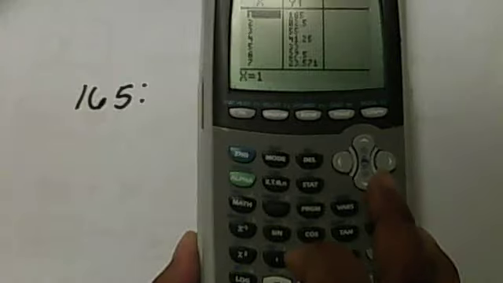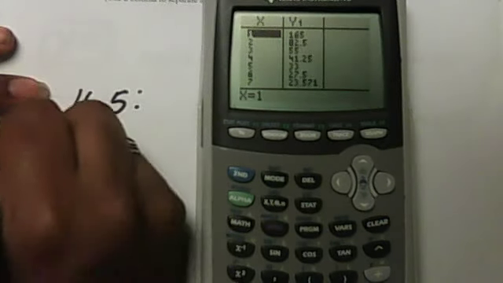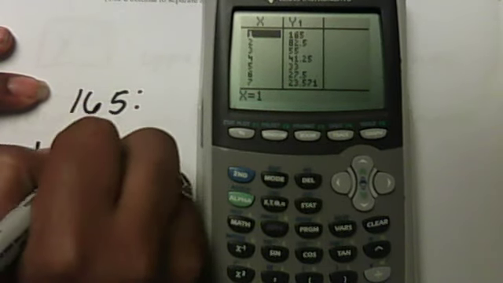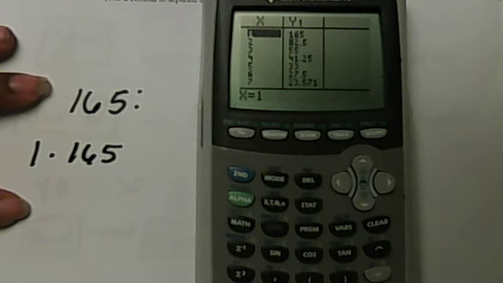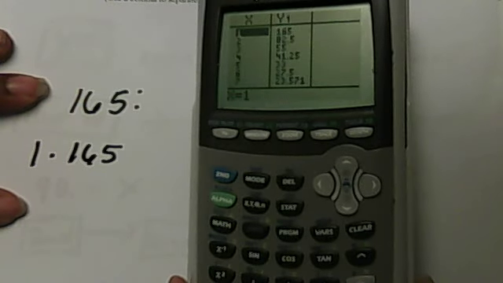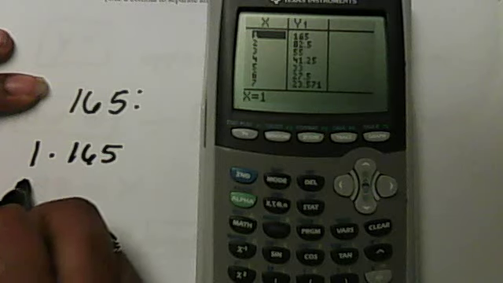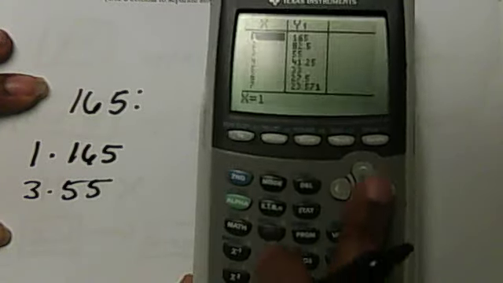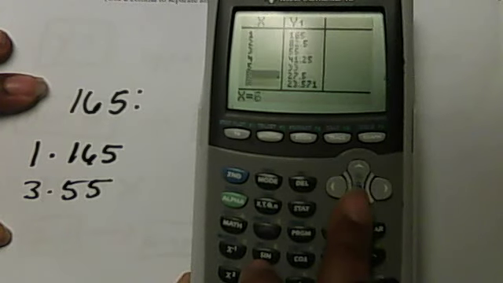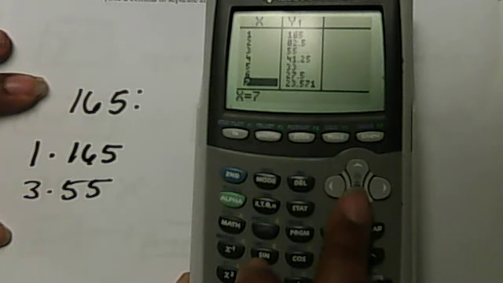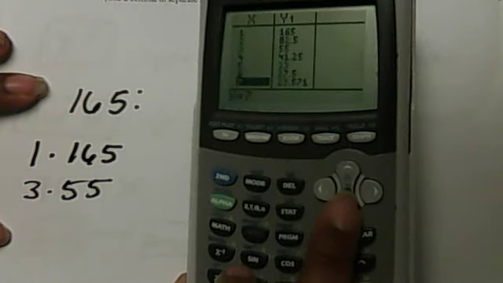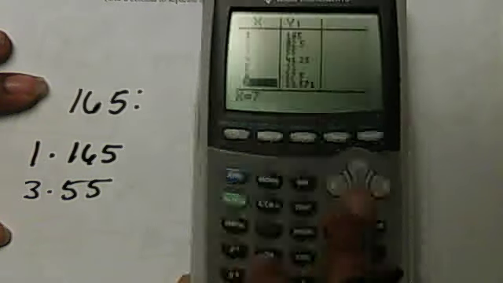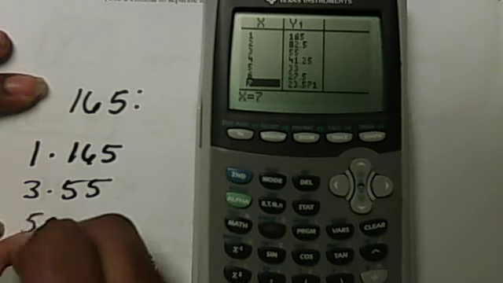Alright, so because I know my first one, of course, is 1 and 165. Then I have 3 and 55. And I'm going to scroll down, see what else I have. I have 5 and 33.